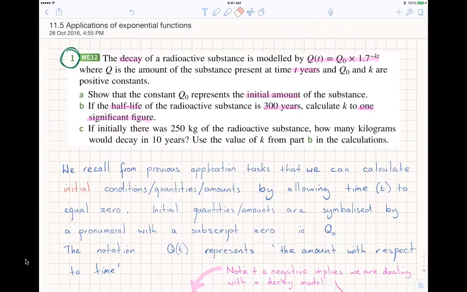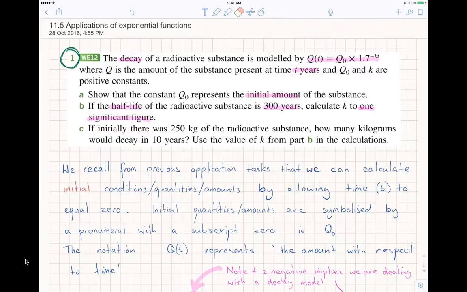So first part of the question, we're asked to show that the constant Q0 represents the initial amount of the substance. Now if we recall from previous application tasks that we can calculate initial conditions or quantities or amounts by allowing the time to equal 0, which if you think about it makes sense. Initially, time is 0.